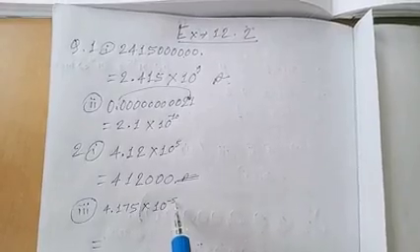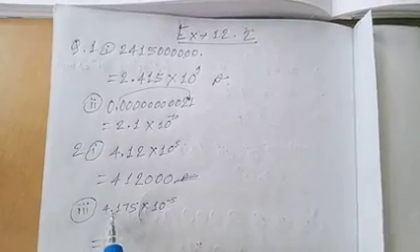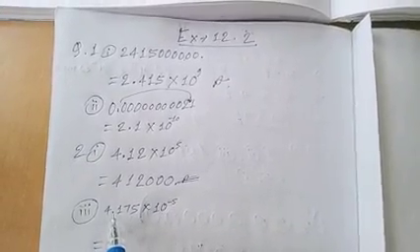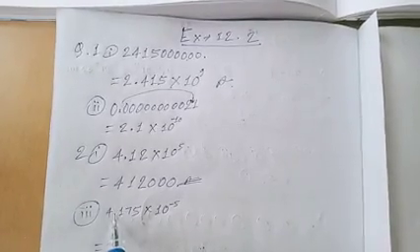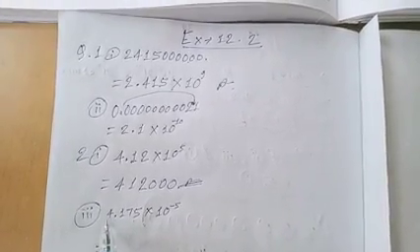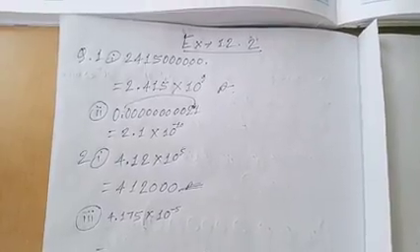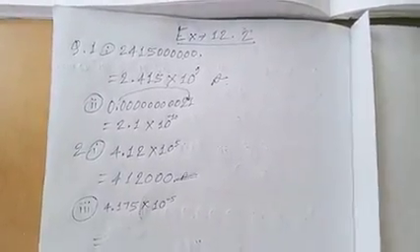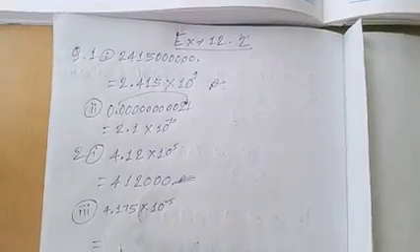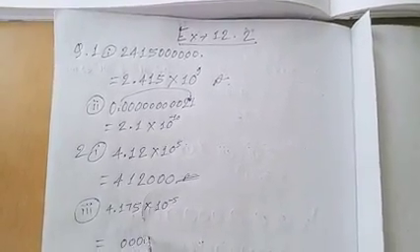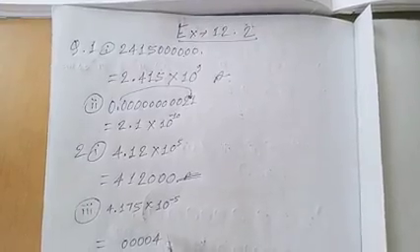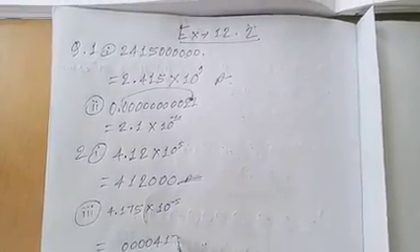So what is the power? Minus 5. So you have to shift the decimal point by 5 places to the left side, but you can see there is only one place, that is 4. So 4 zeros you will have to add to make it totally 5 places. Means you will write 0 0 0 0 and 4 1 7 5.